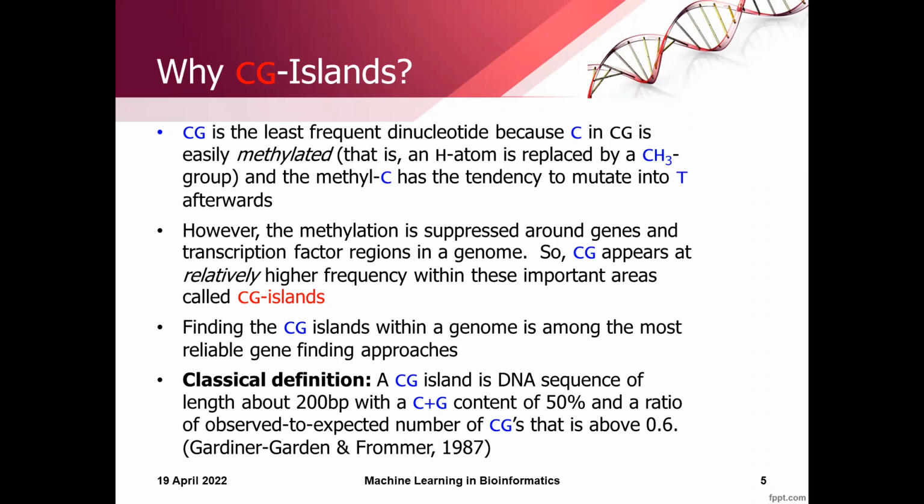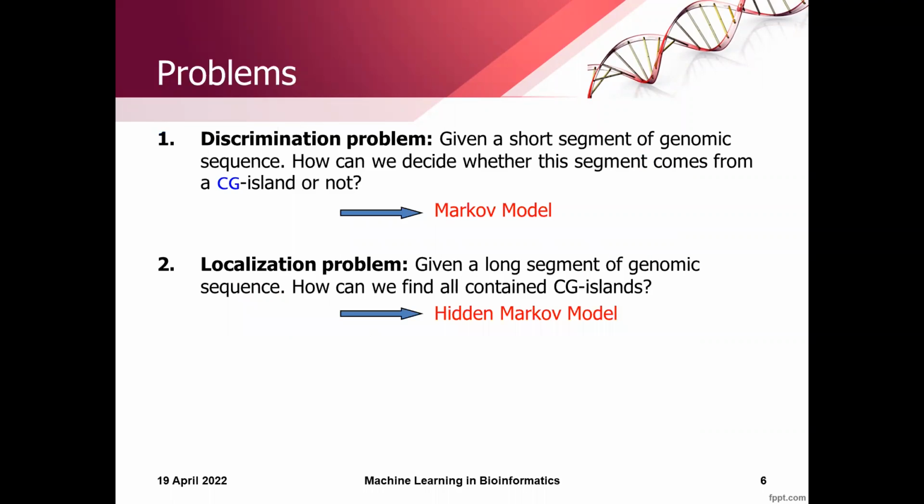The expected value would be 1/16, and if we have a percentage at least 6/10 times 1/16, then we have a CG island.